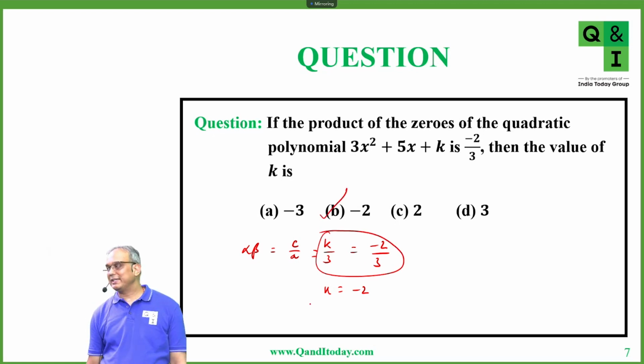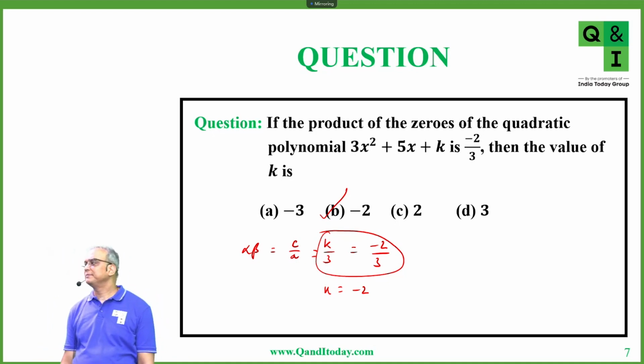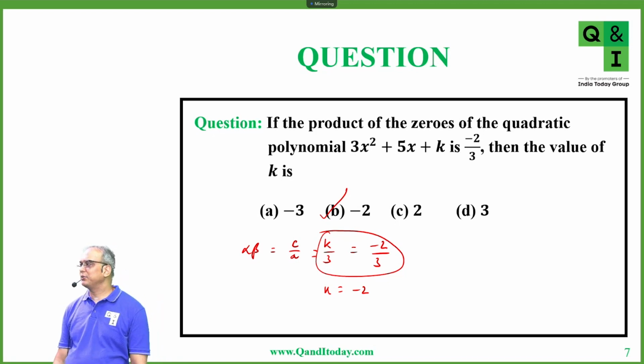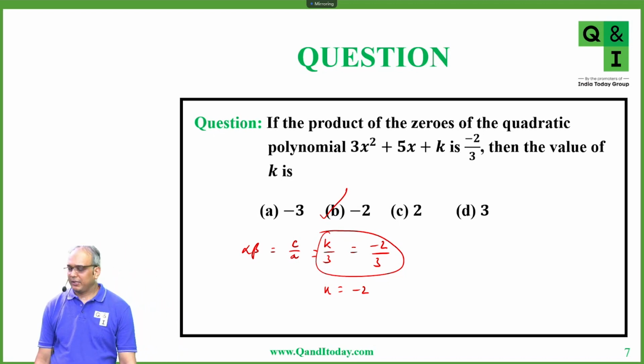So option B is the correct option. Is it clear? Devi Maya and Tehin, is it clear to you? Okay.